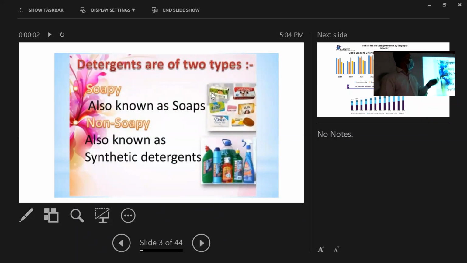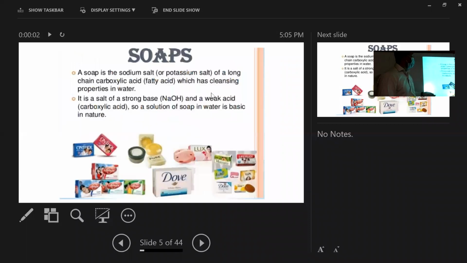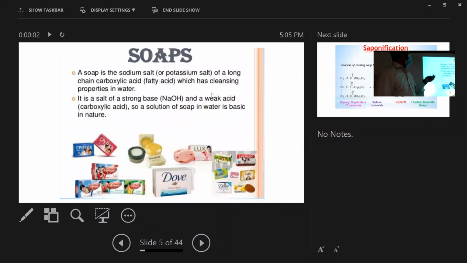Detergents are of two different types. So let me show you what a soap is. A soap is the sodium salt or potassium salt of a long chain carboxylic acid, a fatty acid, which has cleansing properties in water.